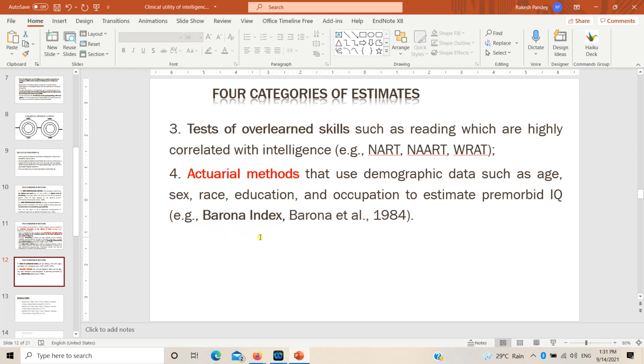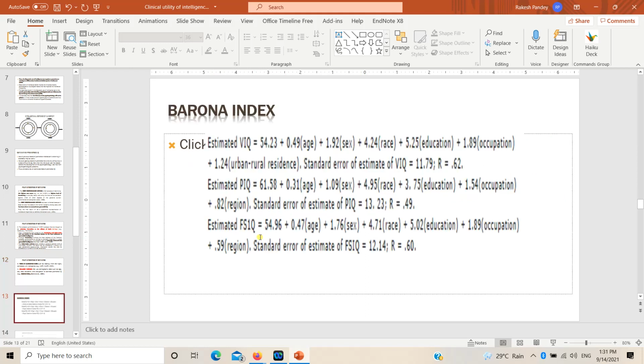But remember, this has been developed in the context of America. This is the Barona index. Estimated VIQ, verbal IQ, is equal to, this is the constant, if you have learned regression, 54.23 plus 0.49, this is the weight of age, plus sex, plus this much race, plus this much education, plus this much.